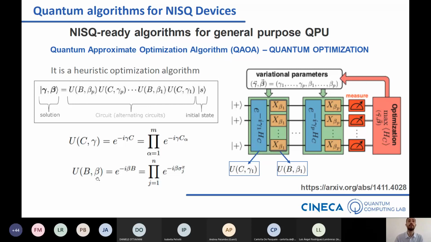Then the B term is basically a collection of X's, something that looks like this. So sigma x is a bit flip, but you have the beta that defines your phase. So this beta parameter.